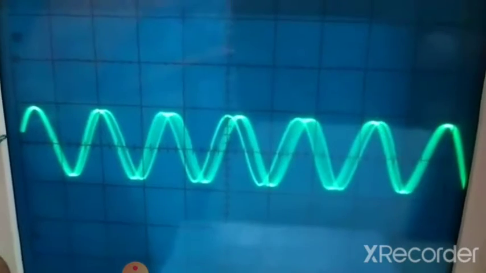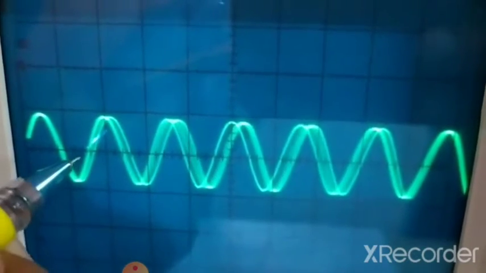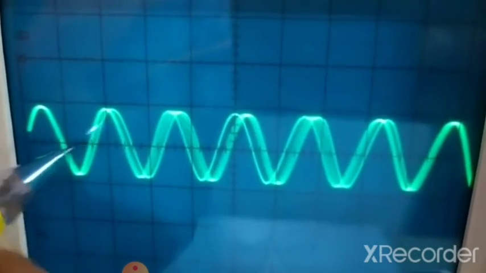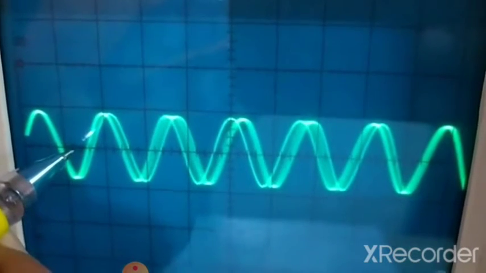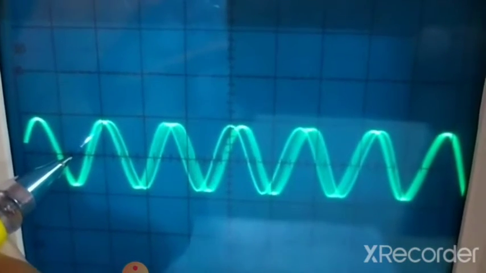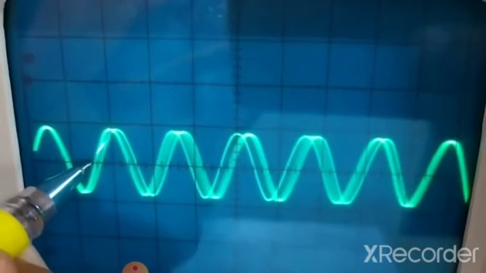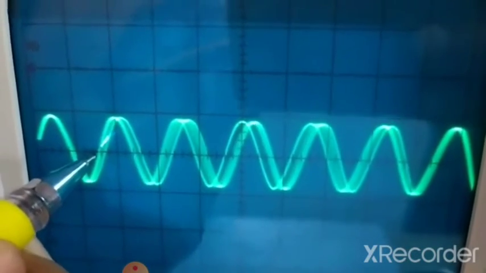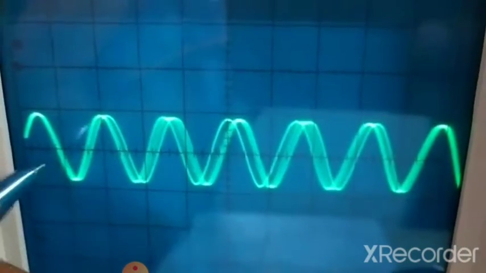So this is T mean and that one is T max. Now we have to calculate T max. Here T mean is at 1.6 and T max is at 1.7.